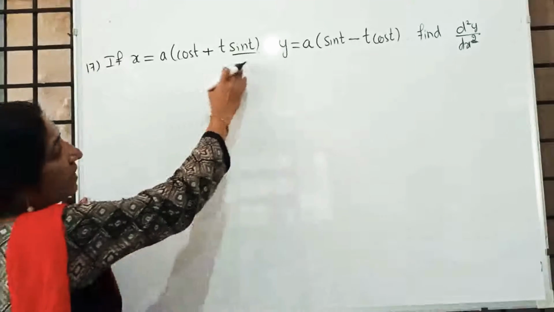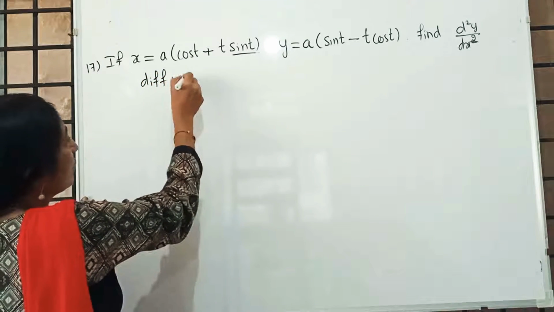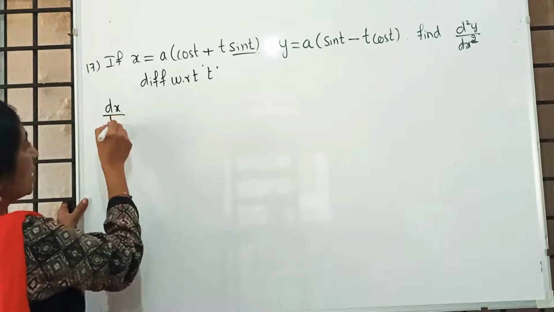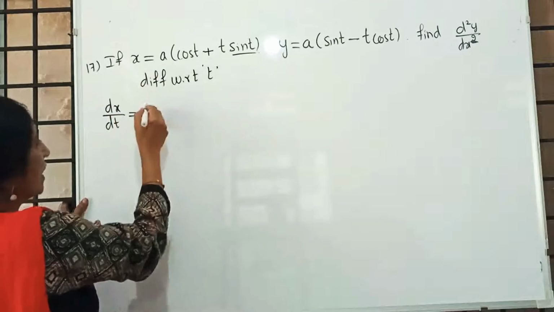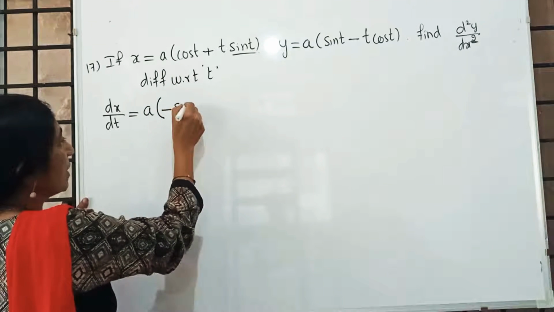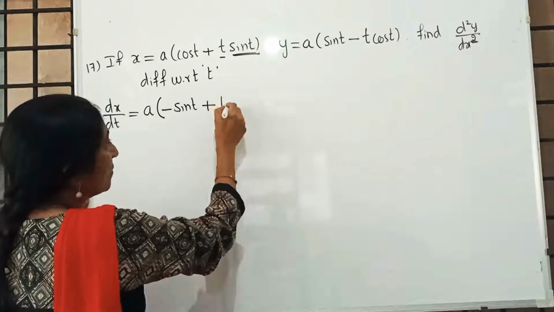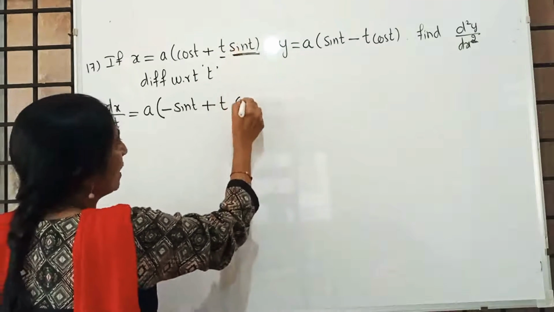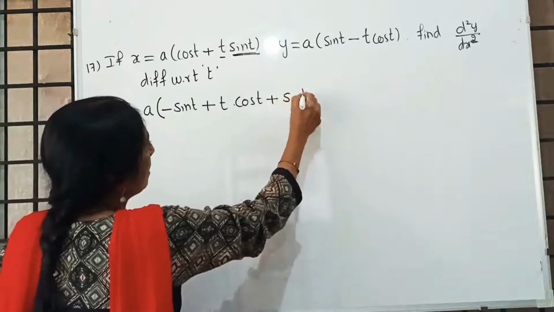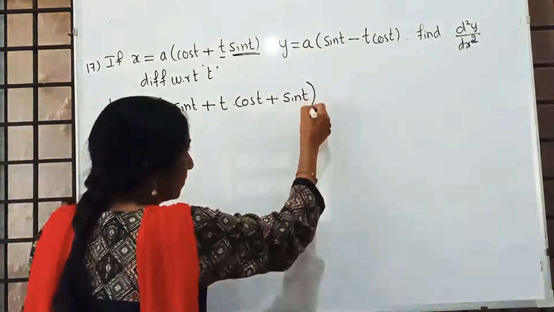Here the parameter is t, differentiating with respect to t. dx upon dt is equal to a times, the differentiation of cos t is minus sin t, plus this is u into v: keep t as is, differentiation of sin t is cos t, plus sin t as it is, differentiation of t with respect to t is 1.